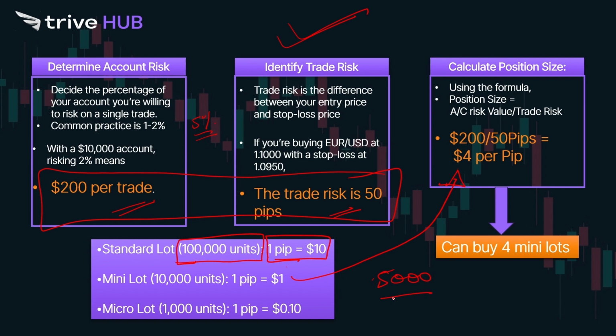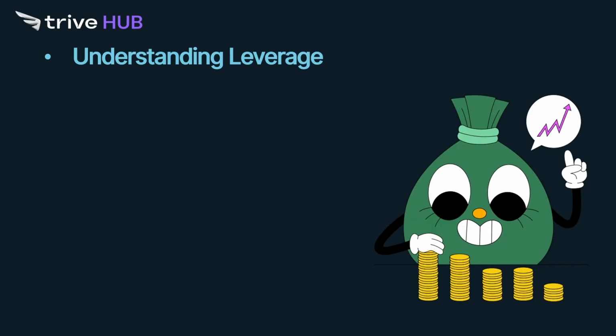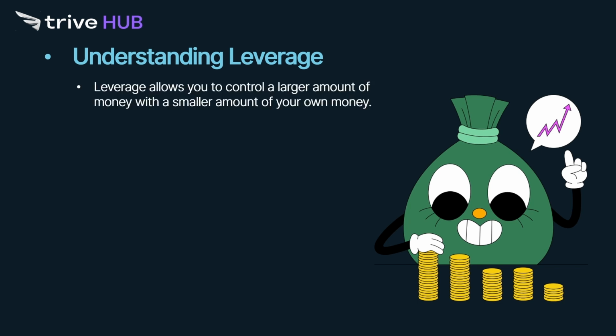Now let's move to leverage. Leverage allows you to control a large position with a relatively small amount of capital. As I have said before, leverage is a two-edged sword. If it can make you big money, then it can also make a huge dent in your capital account.